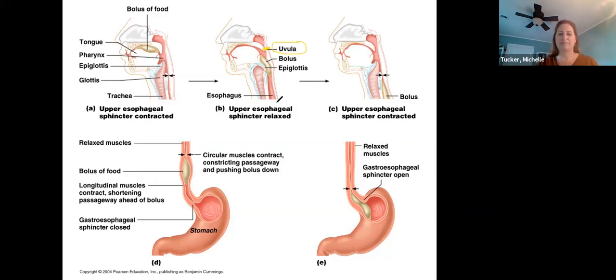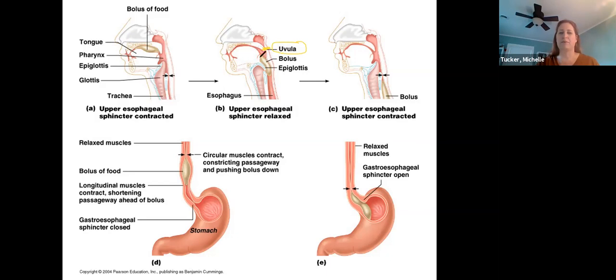And then the upper esophageal sphincter, sometimes called the laryngoesophageal sphincter, is going to open. Normally, the esophagus is closed. Normally, the sphincter is closed. So when it's in a resting state, it's closed to prevent air from moving down the esophagus.